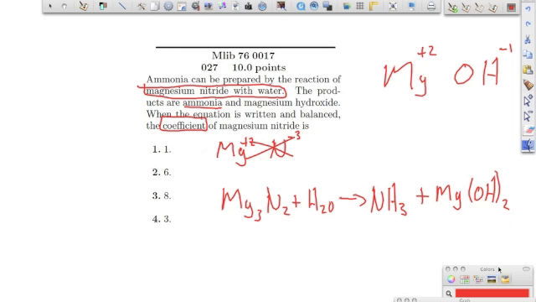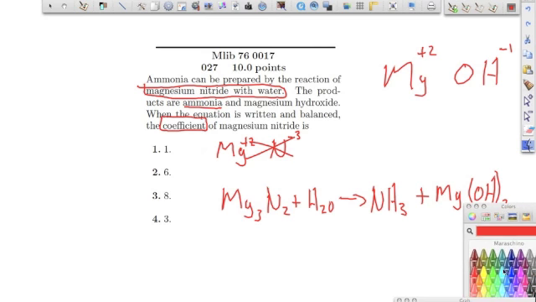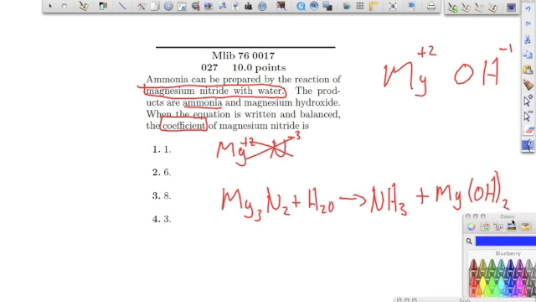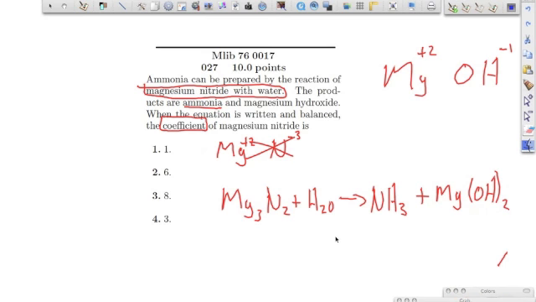So now what we have to do is balance it. Remember we have to have the same number of elements on each side. The elements that we're dealing with are magnesium, nitrogen, hydrogen, and oxygen, and they have to be the same on the reactants and the product side. So over here we see that we have 3 magnesiums and 2 nitrogens, and then 2 hydrogens and 1 oxygen.